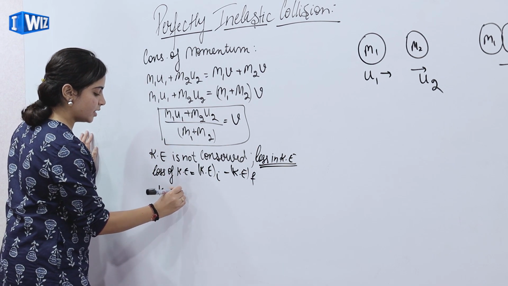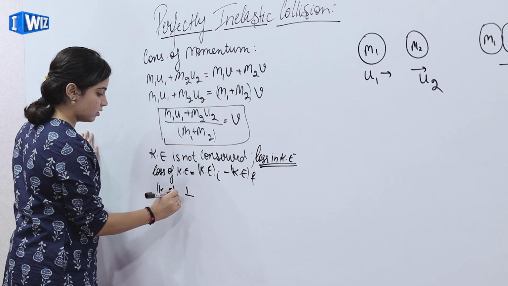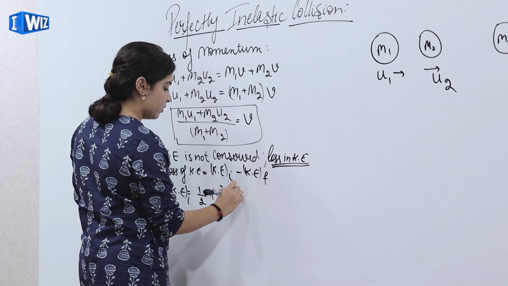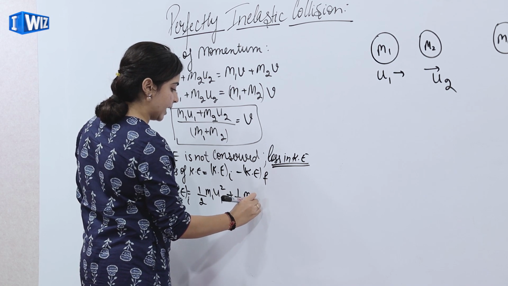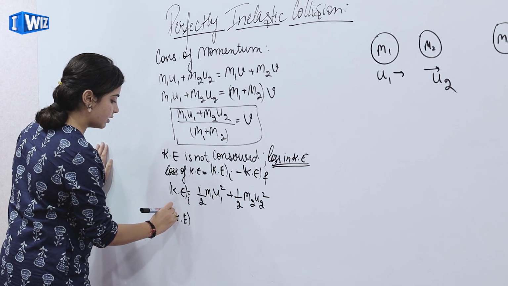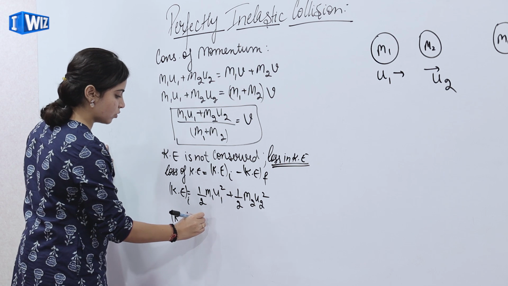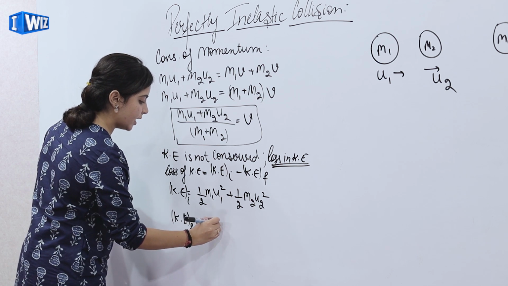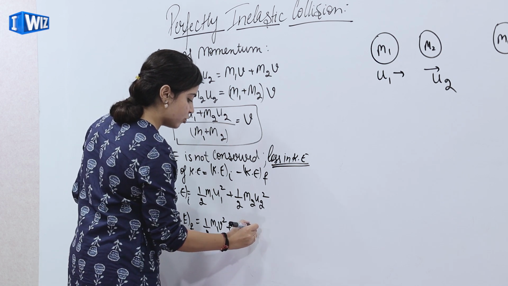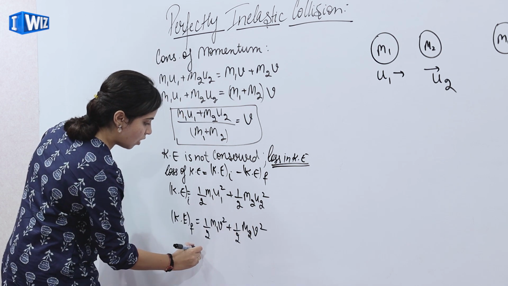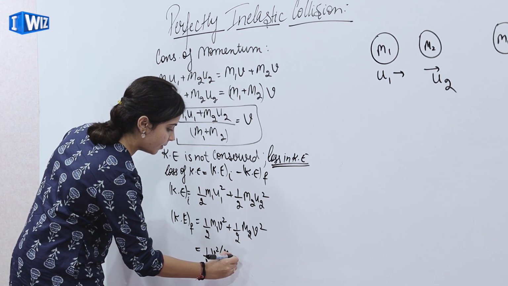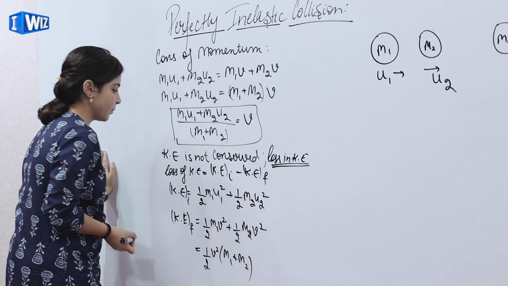Kinetic energy initial is equal to half m1 u1 square plus half m2 u2 square, and kinetic energy final is equal to half m1 v square plus half m2 v square, or we can write half v square (m1 plus m2).